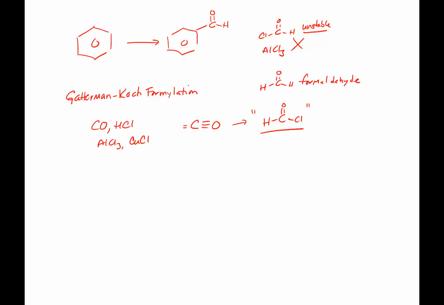So this is what they make from the carbon monoxide and HCl, and of course then the AlCl3 immediately generates the acyl carbocation. So the idea here is that I know I put an X up here in terms of using that, but you are allowed to make it and then have it react right away.